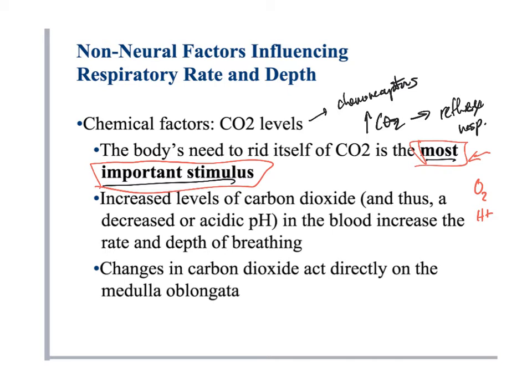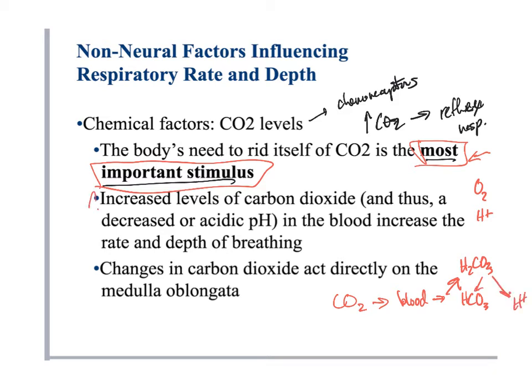Okay, and so what happens, you know that CO2 ends up in the blood, and it forms carbonic acid, right? And then this breaks into bicarbonate ion and hydrogen ions.